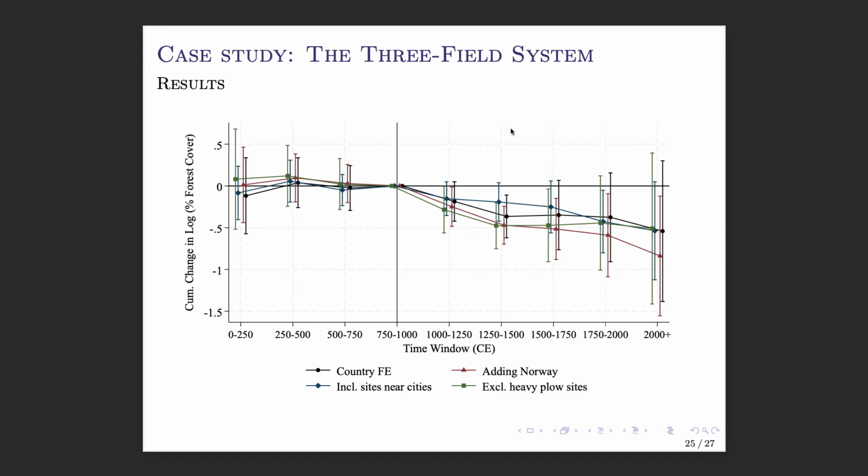Why do I do this? Well, to the extent, and I do not think we ought to, that we want to think about whether these results would change in the presence of trade, we can look at the blue diamonds for that. I fully exclude sites treated by heavy plow in the green squares. And I think most aggressively, I include country fixed effects. That's the black circles here.